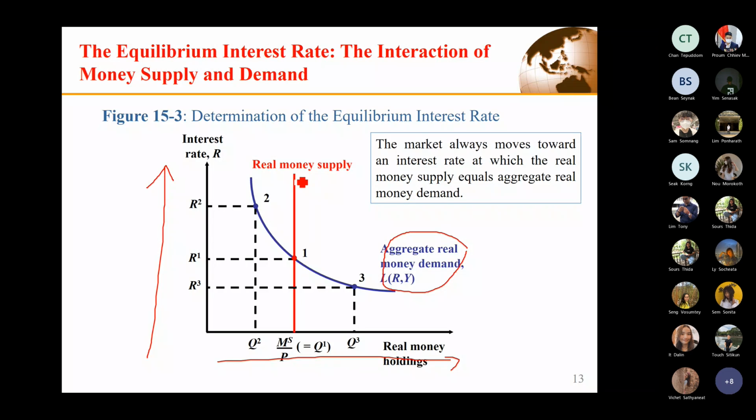And the vertical line here is the real money supply, and it is independent. I mean, it does not depend on the interest rate because the quantity of money that is injected into the economy is a discretionary decision by the central bank. So we draw that line vertically, and we learned that equilibrium in this money market happens when the real money demand and the real money supply are equal.